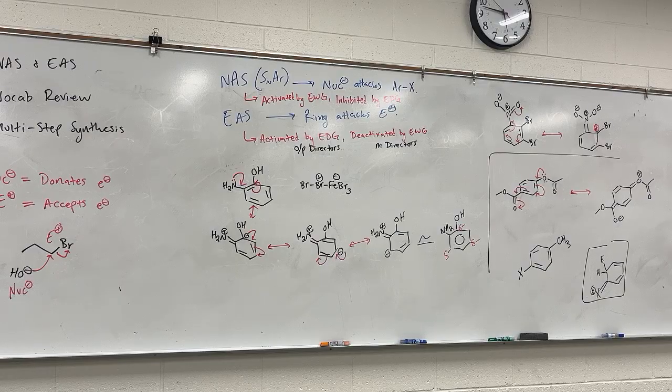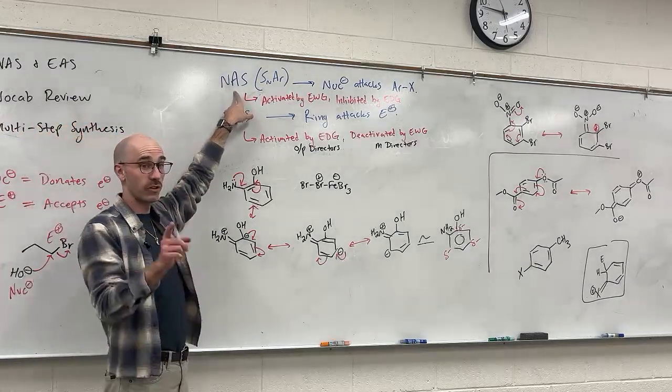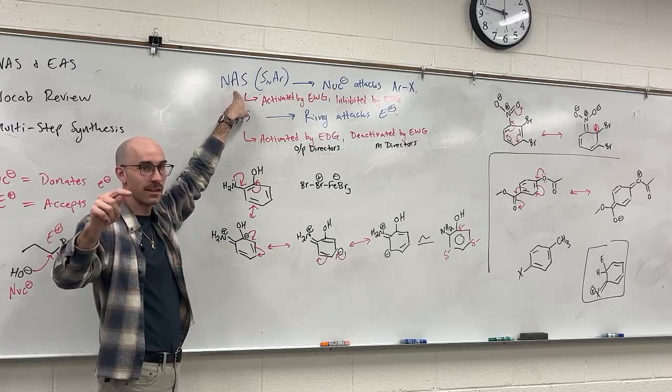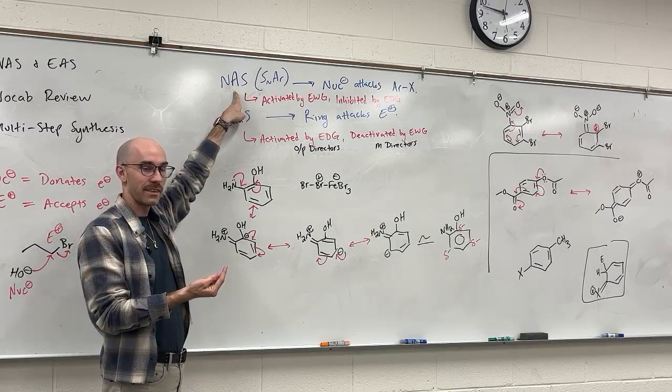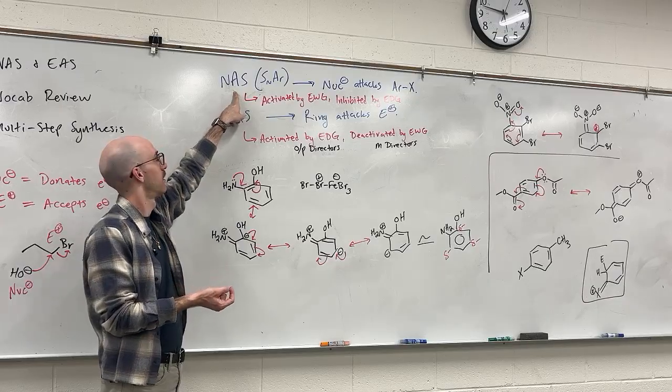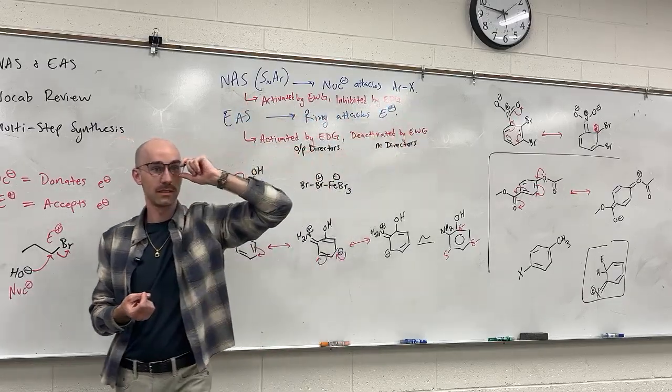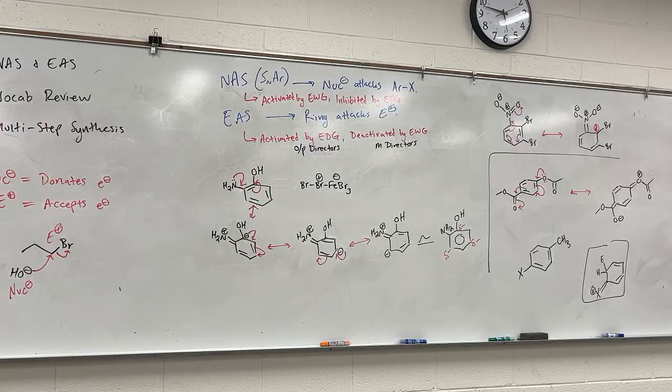What you can do, Indigo, what you're suggesting is NAS. You're introducing a nucleophile, a Grignard, to attack the benzene carbon, but that means you need to have an aryl halide there. If you don't have an aryl halide, then you can't just attack.